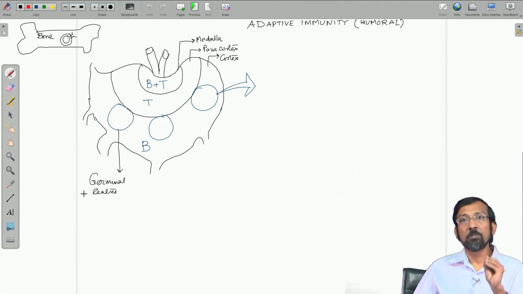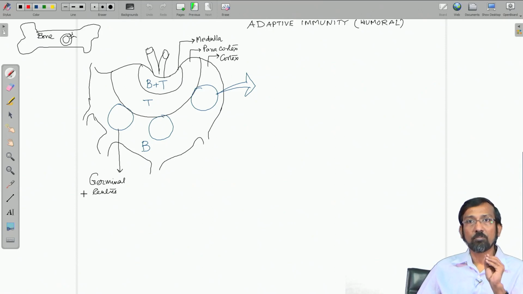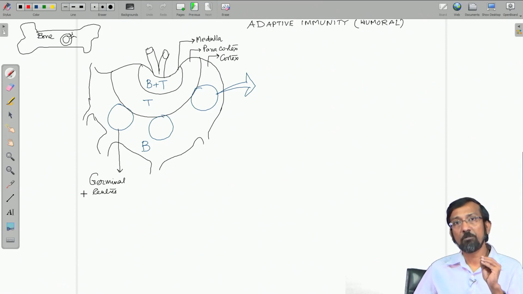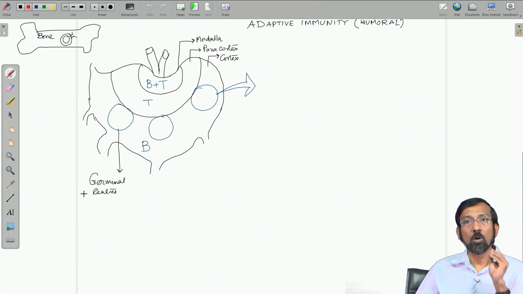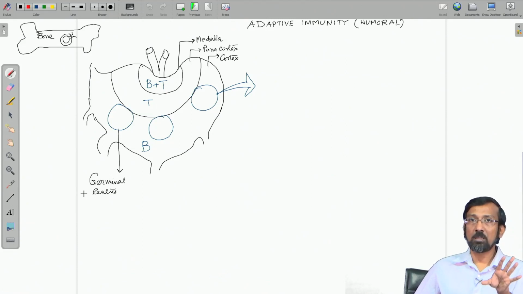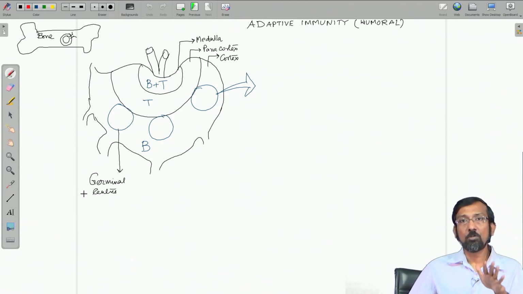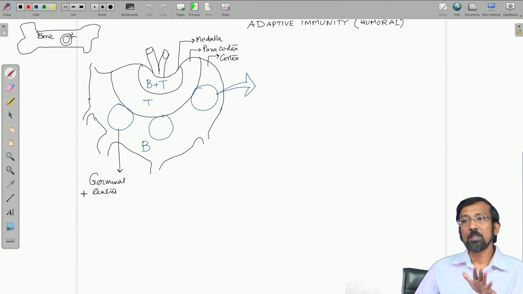There are other events required. Some co-stimulatory events would occur that lead to the activation of the B cell, and many other events leading finally to differentiation of these B cells into cells producing different classes of antibodies or immunoglobulins. Now, what happens in these germinal centers?